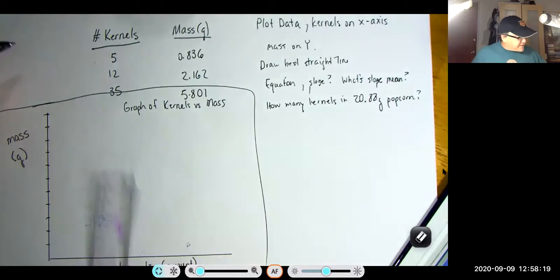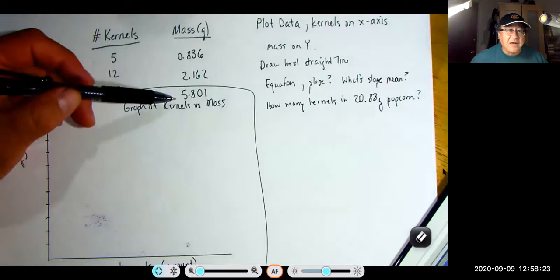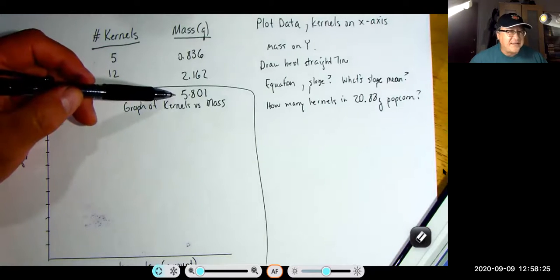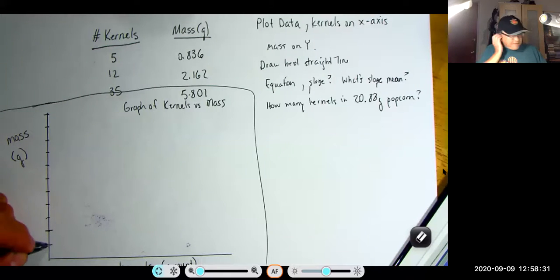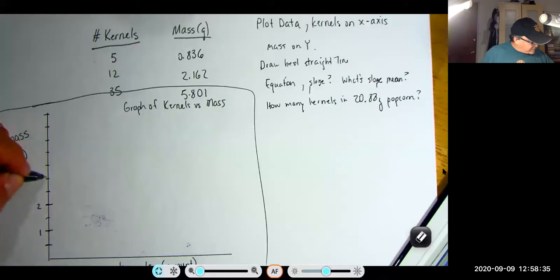So I have 11 tick marks here. And when I take a look at my mass, you can see that my largest mass is 5.8. So that means that I can make each tick mark actually half. So I can make this 1, 2, 3, 4, 5.